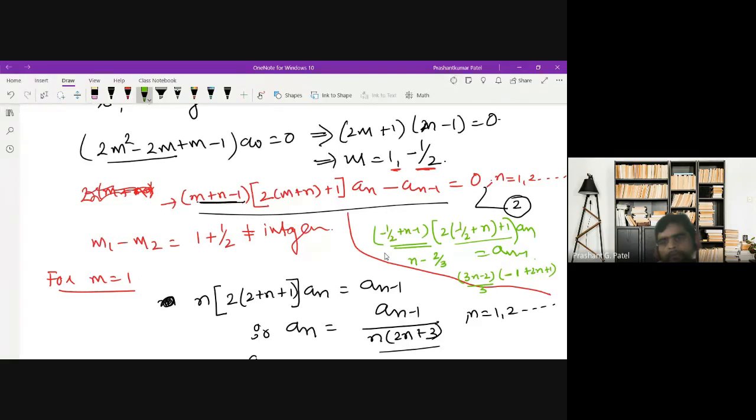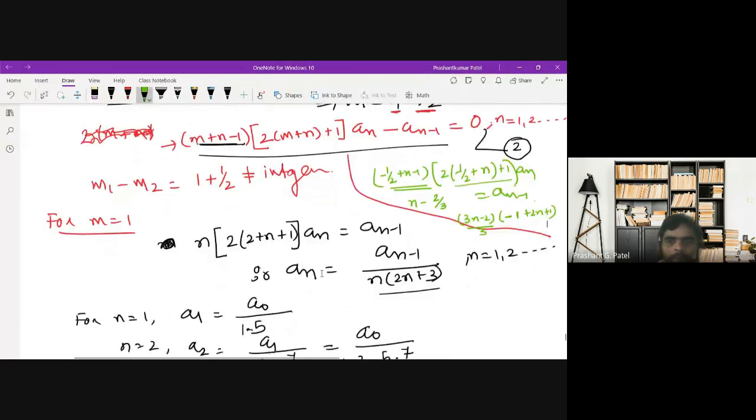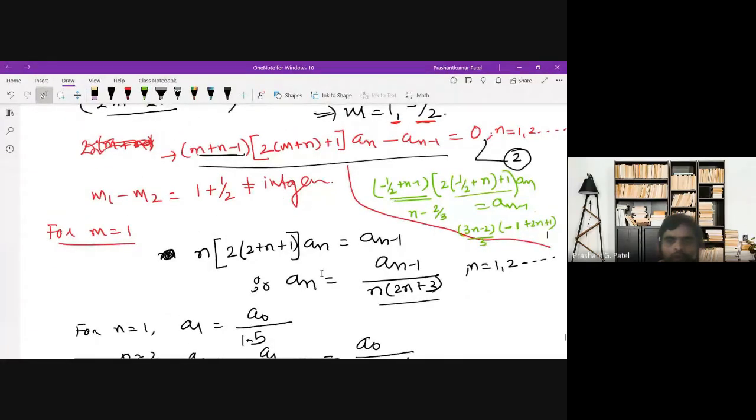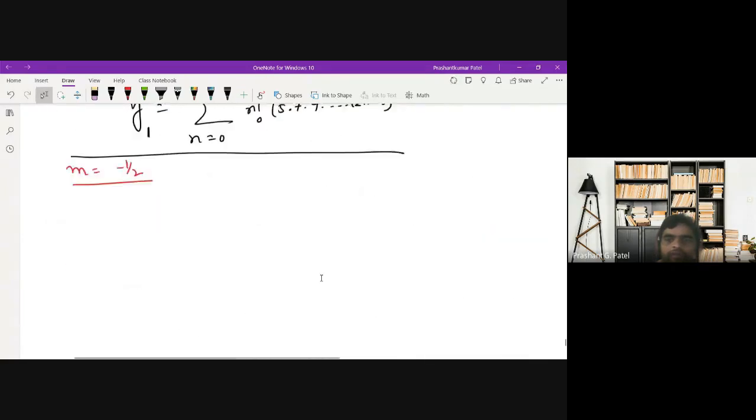Okay, so the answer is actually 2n. So finally what we get, and all the things is in the denominator, so that 3 goes in the numerator. So we get 3, so an is equal to 3 an minus 1 upon 2n into 3n minus 2.